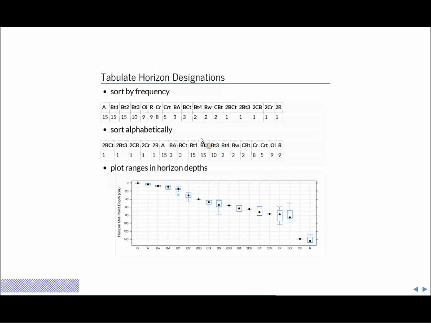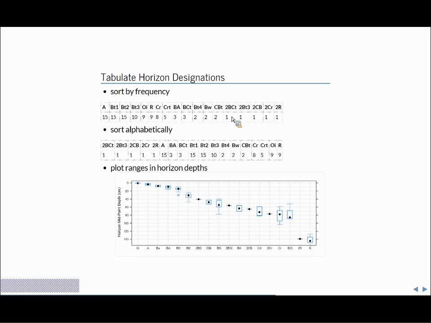So within our sample data set, again, Loafer Creek, the first thing I usually start with after looking at the OSD is just tabulating horizon designations by frequency. I can see, well, I've got a lot of A's, a bunch of BT's, and then subsequently fewer and fewer, kind of stranger and stranger mixtures of horizon concepts. We've got a couple discontinuities.